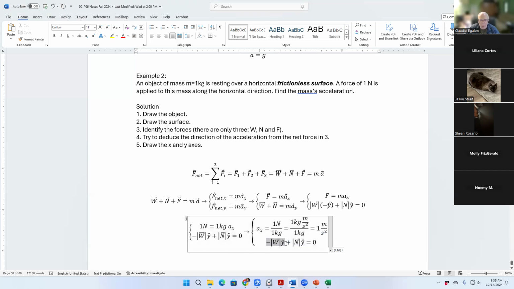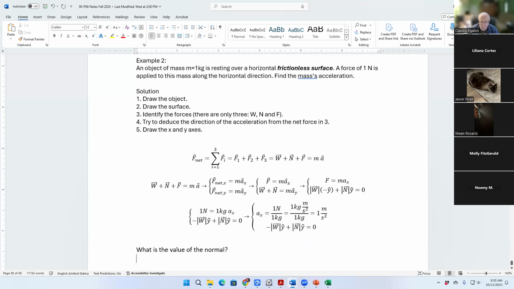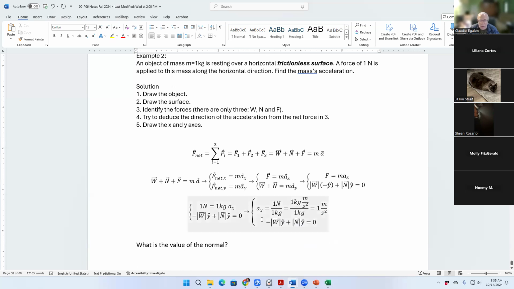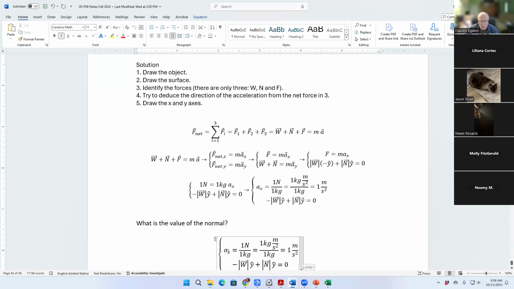We don't need to worry about that, because I can ask, for instance, in the next level of this problem, what is the value of the normal, right? I can ask you that. Then you go ahead and use the second equation that's left out, right?